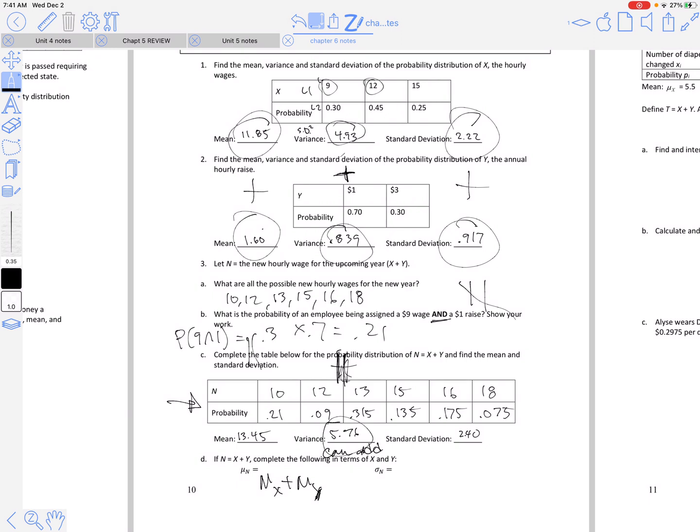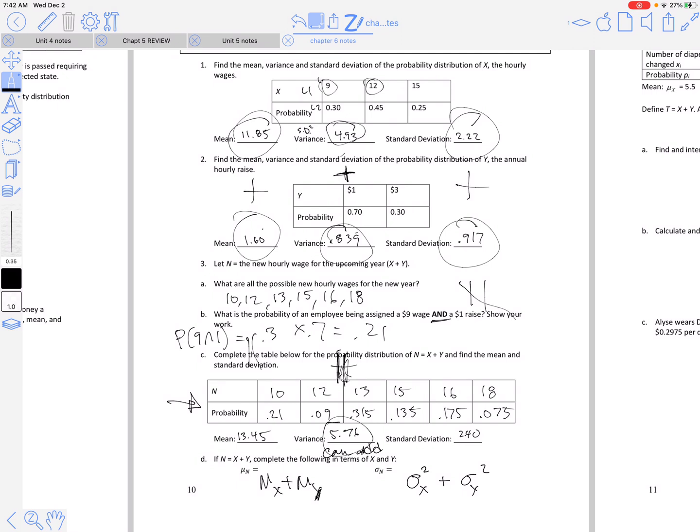And if you think about the math there, that's before we take the square root, so something really interesting is happening there, but it does work. We can add the variance. So we need to take the variance of x and add it to the variance of y, and we're good to go.